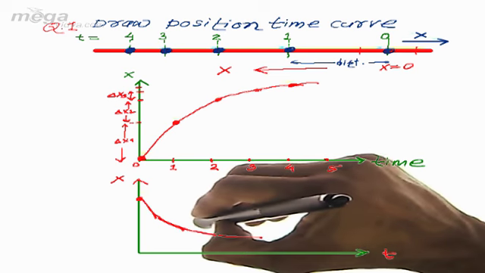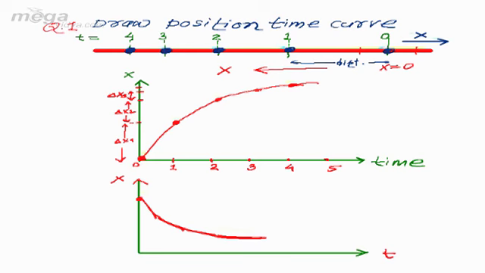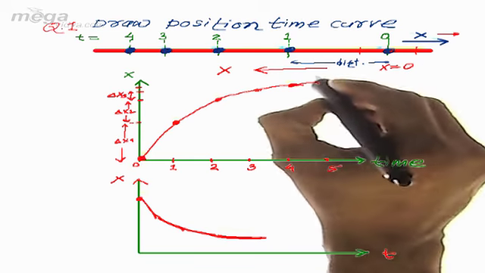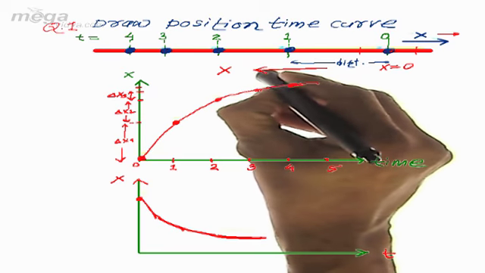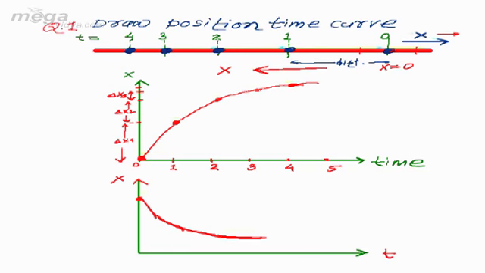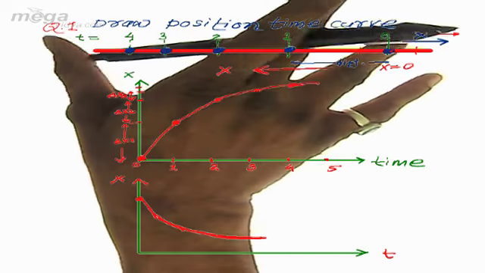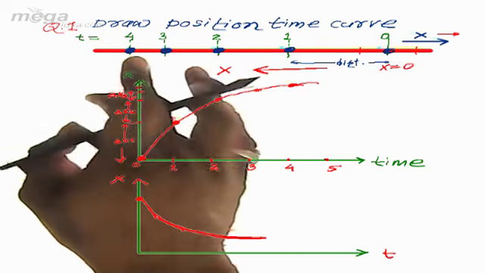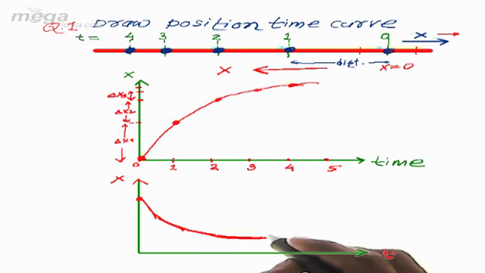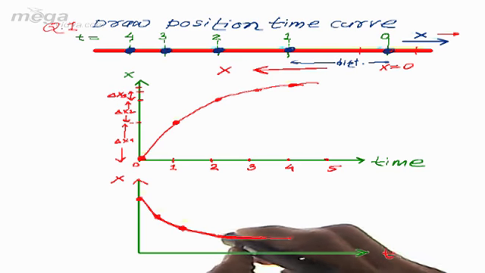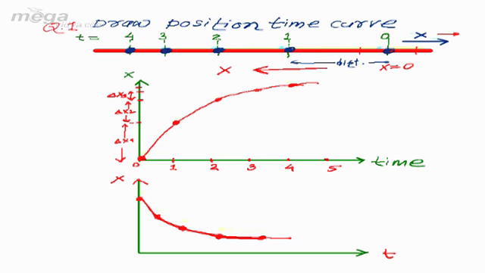If x is taken as positive in the right side direction, and if I draw x to be positive in this direction, then the curve for this particle for the demonstrated observations will be something like this. I think you may have got the entire details of the particle's motion from this position time curve.